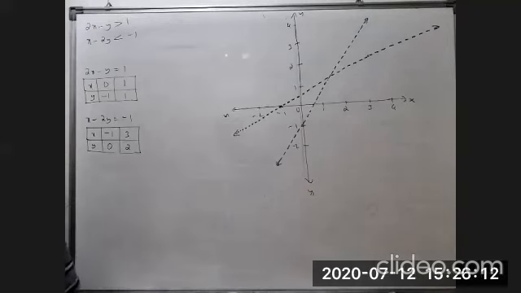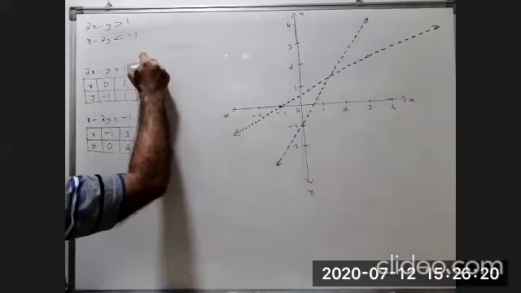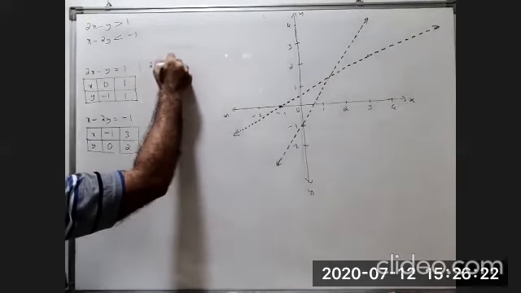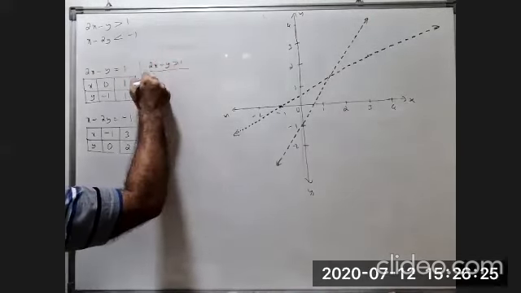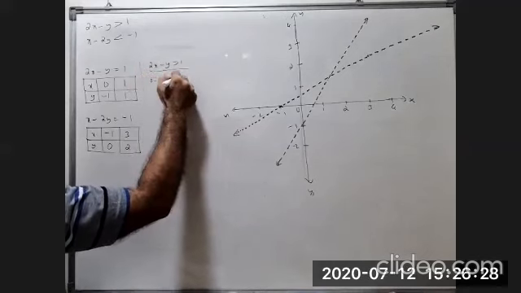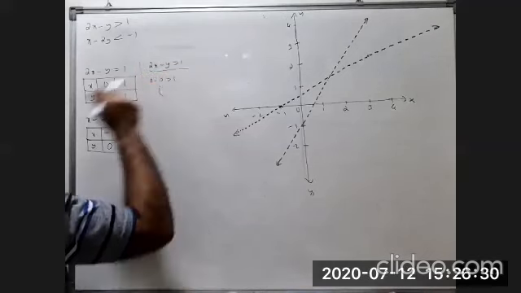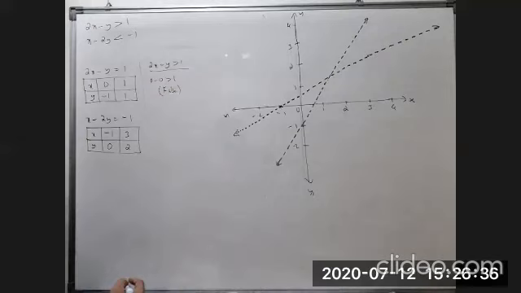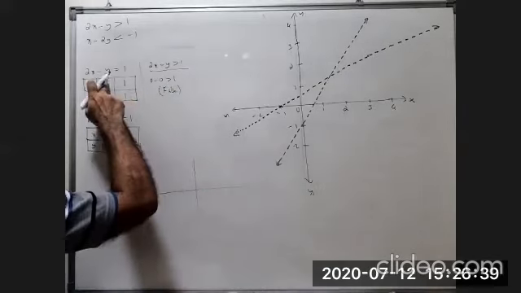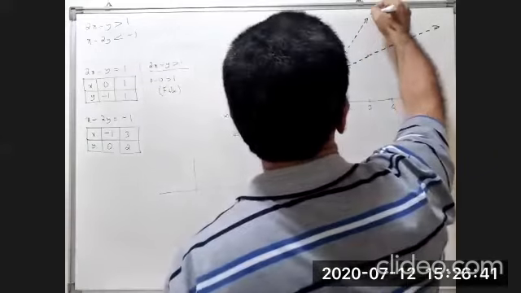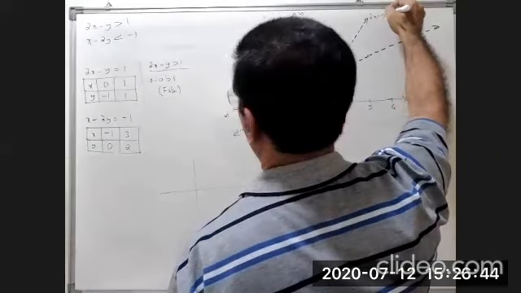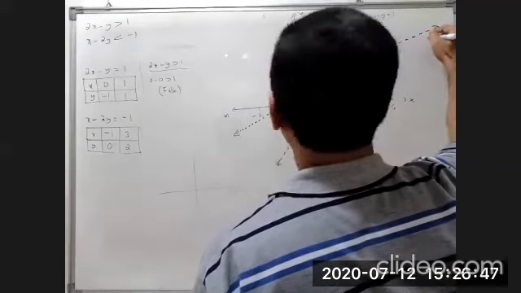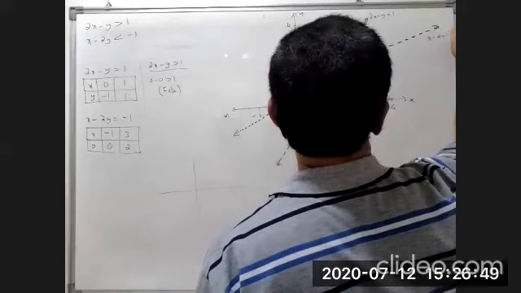Now we will see. See here, we need 2x minus y greater than 1. So 0, 0: 0 minus 0 greater than 1. This is false. Remember, this was the first line, 2x minus y is equal to 1. This is the second line, x minus 2y is minus 1.